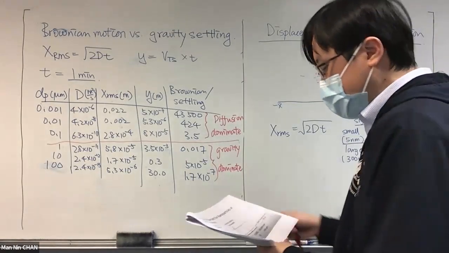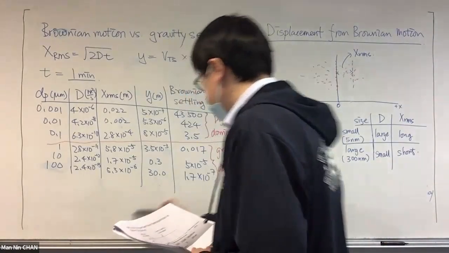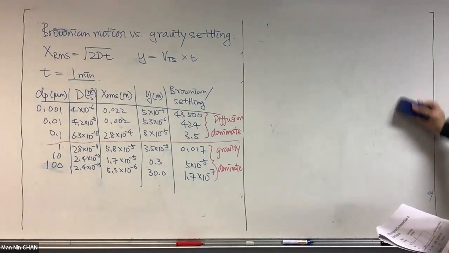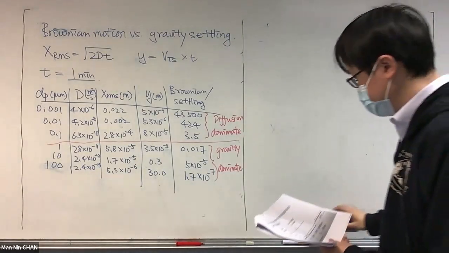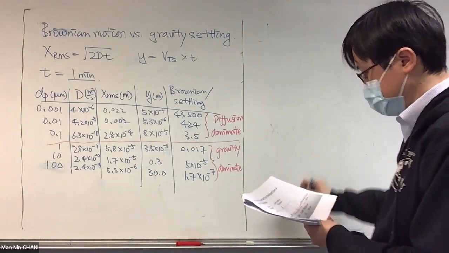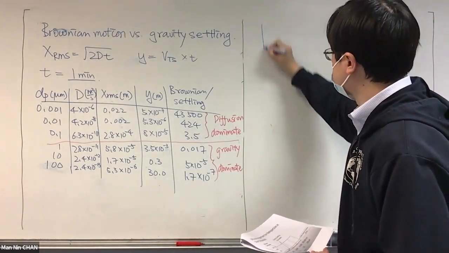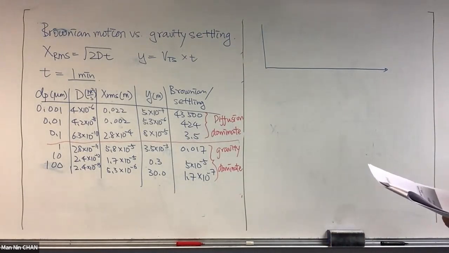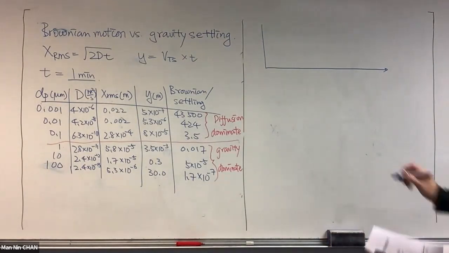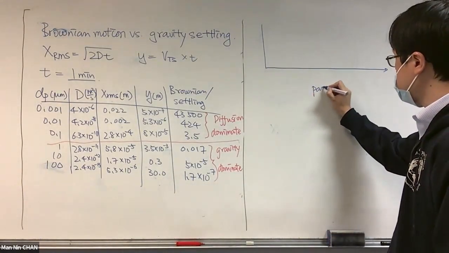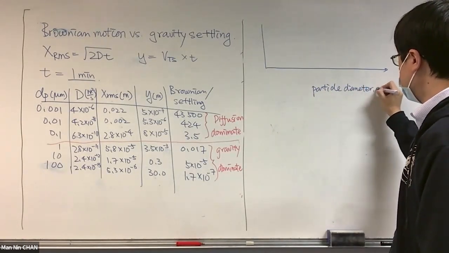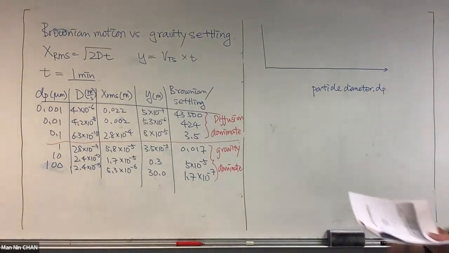So, one last thing: in general, you will see a graph like this. Let's say this is the particle size or particle diameter, our dp.